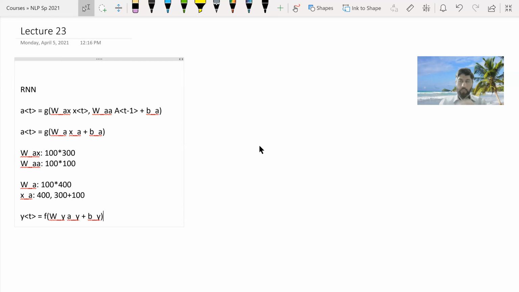Of course, this A is at the same time step t. So these are the standard equations for a standard recurrent neural network.